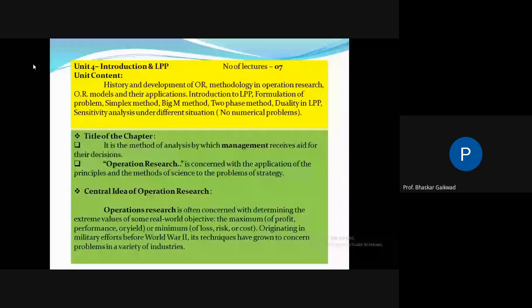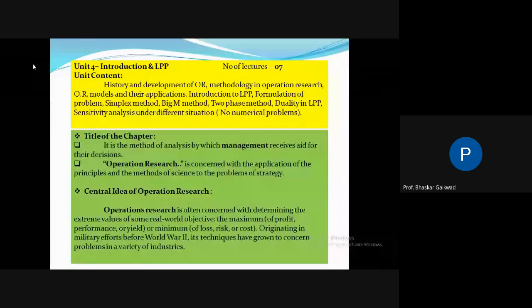In 1948, the OR Club was formed in England, which later changed into OR societies. Whatever problems were solved by some techniques in the world wars, considering those problems, in 1948 England formed one club.